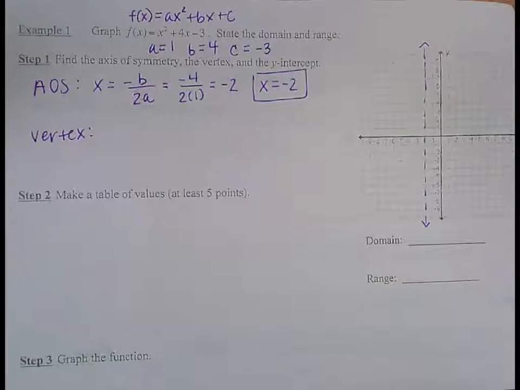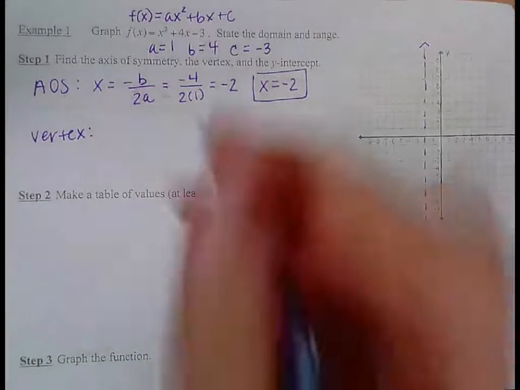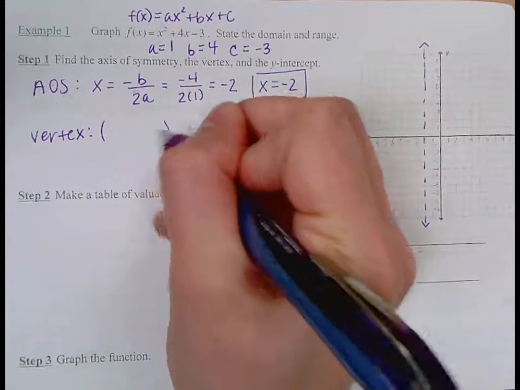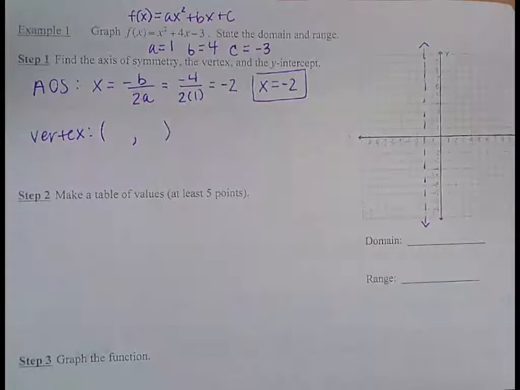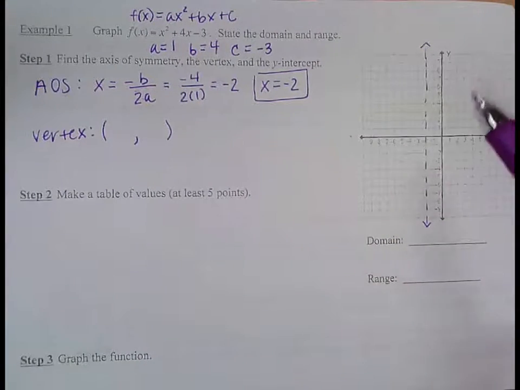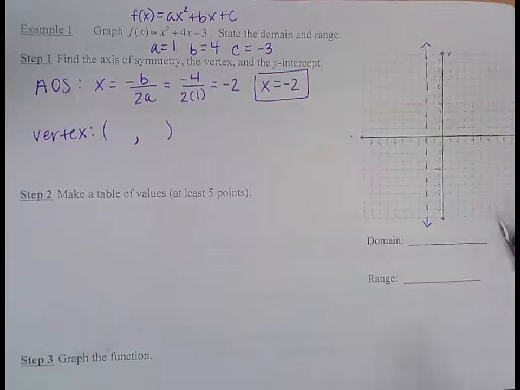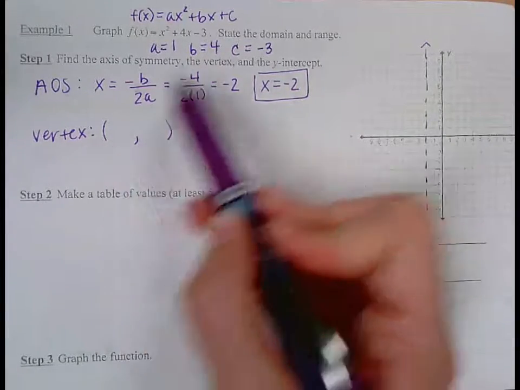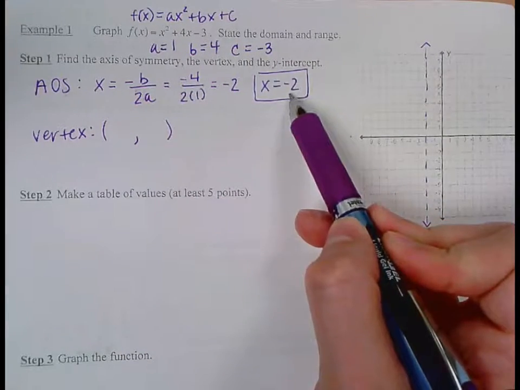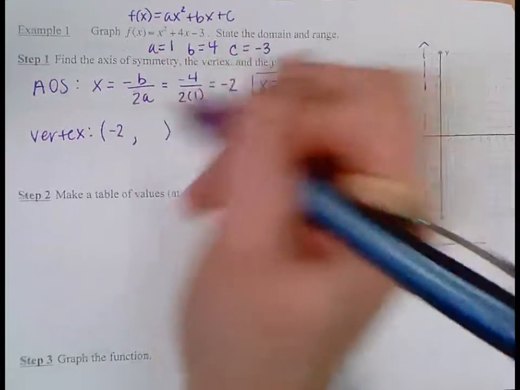After I find the AOS, I find the vertex. And the vertex is an ordered pair. So because, again, the AOS goes through the vertex, the x-coordinate of the vertex is the x value your line goes through, so it's -2.